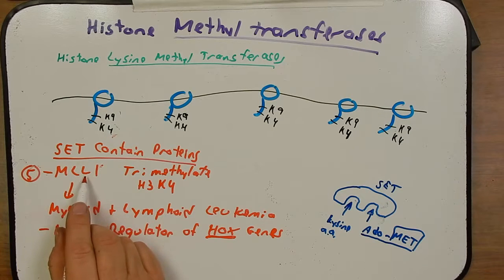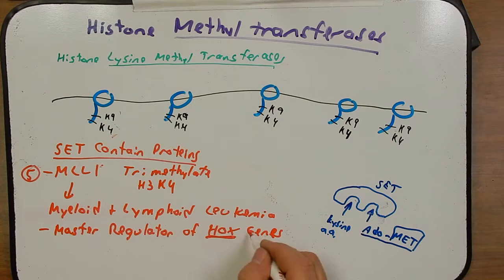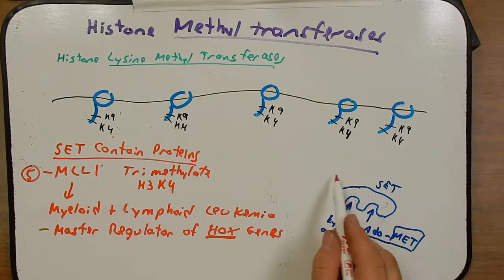But MLL1 is the one gene that helps regulate these sets of transcription factors, these Hox genes. To talk about how it does this, we need to talk about some of the other proteins that bind to this SET domain of the MLL1 complex.